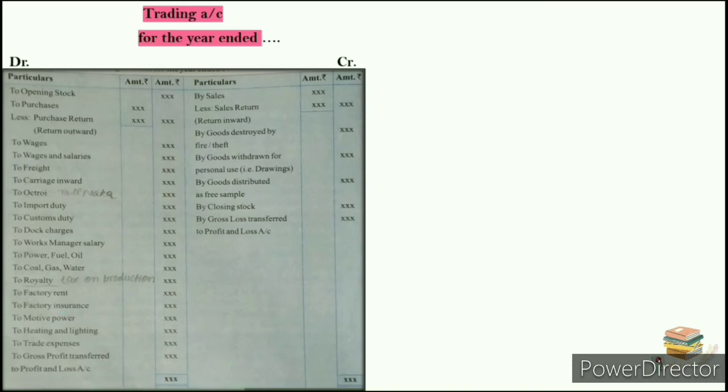This picture has been taken from the accountancy textbook of 12th standard, where on the debit side all direct expenses are written and all direct income is written on the credit side.